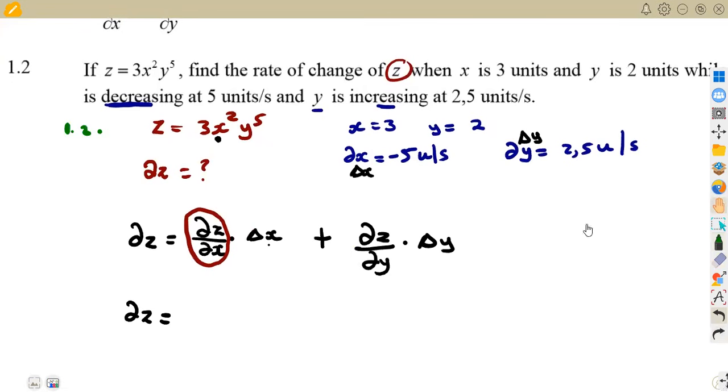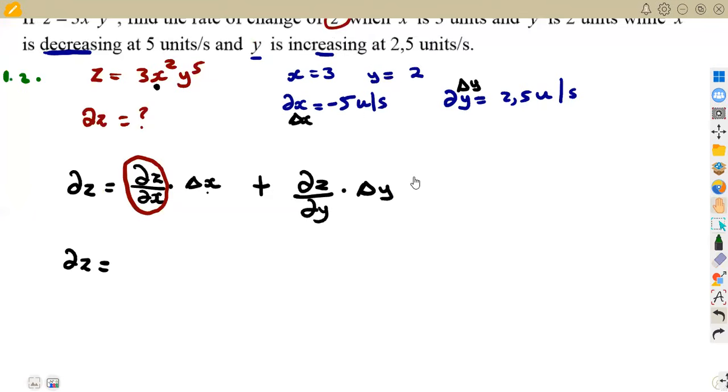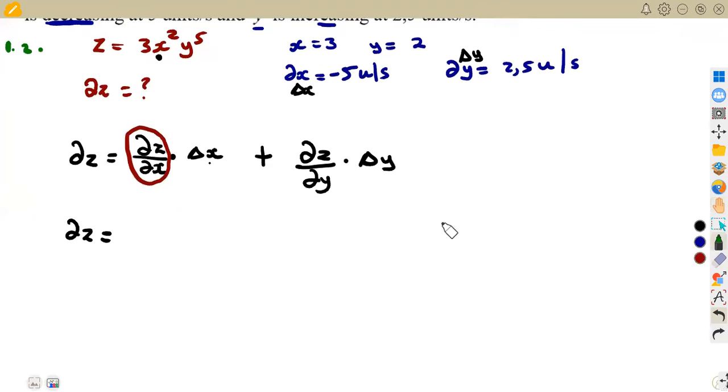Remember what I said. When we want to find the derivative of Z with respect to X, this is our Z. Z is equal to 3x squared y to the exponent of 5. Since we want it with respect to X, it means Y is a constant. Y is just like a number, just like 3.